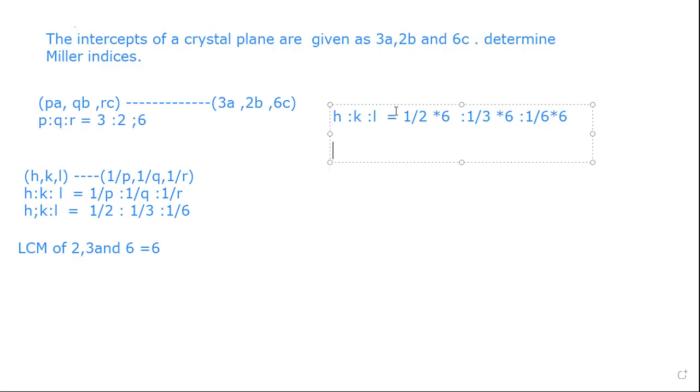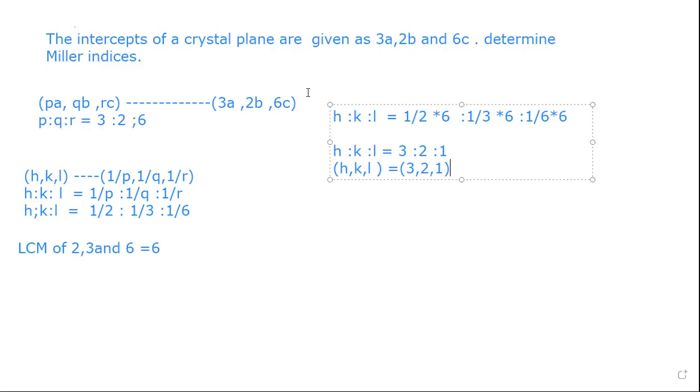So you will get h is to k is to l equals 6 by 2, which is 3, 6 by 3, which is 2, and 1. If you write in coordinate form, the h, k, l values are 3, 2 and 1. So this is the way to determine the Miller index numbers.